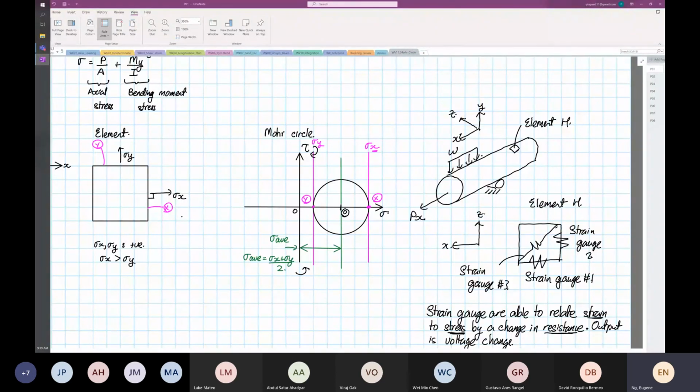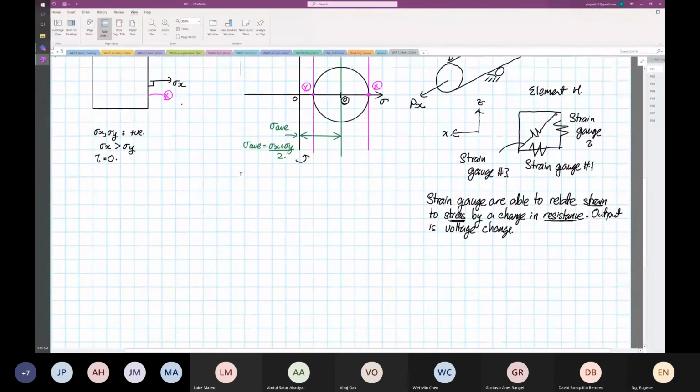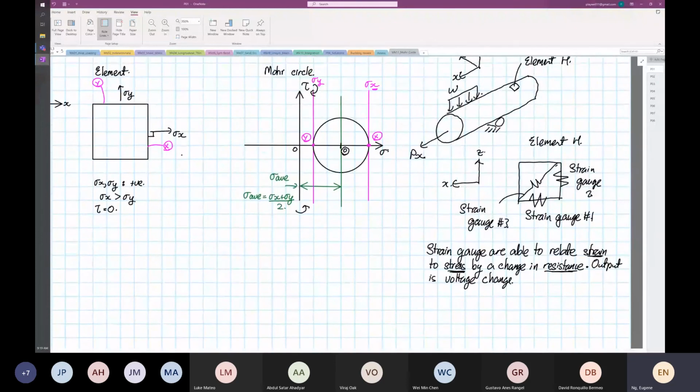I'll write something else down here, which I did not: the shear stress is equal to 0, so we have no shear stress for this case. Then I will draw another configuration for you to see. Let you guys have time to copy. We have another element, now with an arrow pointing downwards.